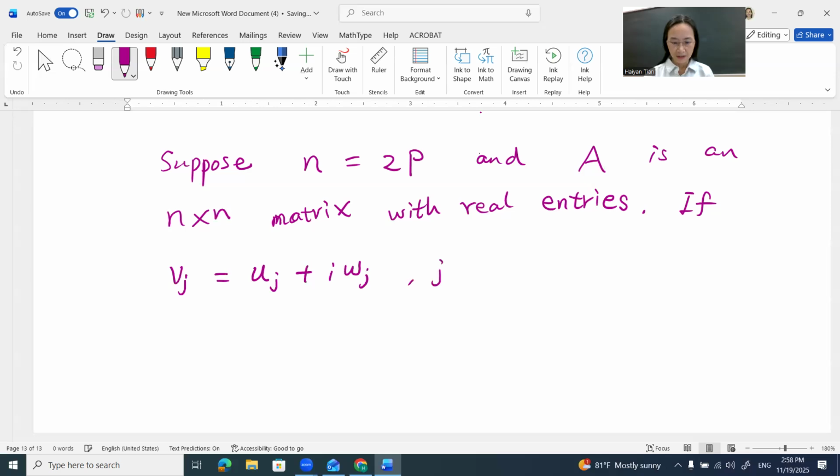Here j is from 1 to p. These are linearly independent eigenvectors for A.